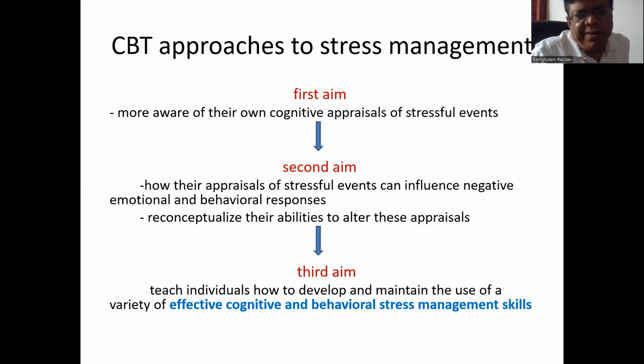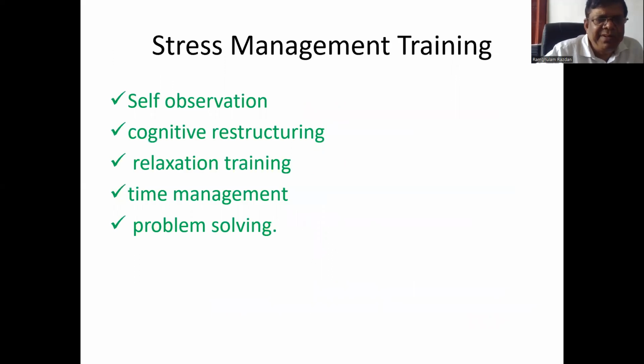The second aim is how these appraisals of stressful events can be modified. The third is to teach individuals how to develop and maintain the use of a variety of effective strategies.